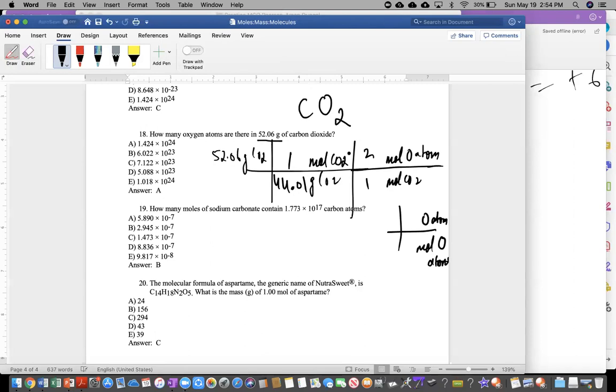There's 2 oxygens in CO2. So if you break down 1 CO2, it's going to give you 2 oxygens. And then 1 mole of O has how many O atoms? 6.022 times 10 to the 23rd power, which is Avogadro's number. So you just got to solve the whole thing. You should get the answer. So that's just basically how we do the next 2 as well.